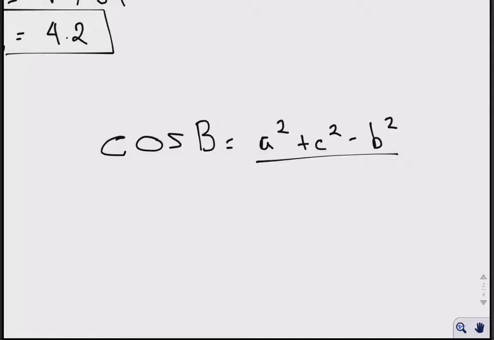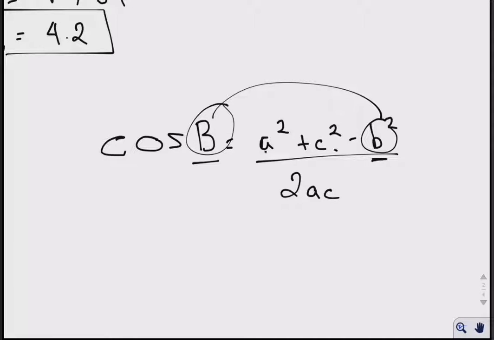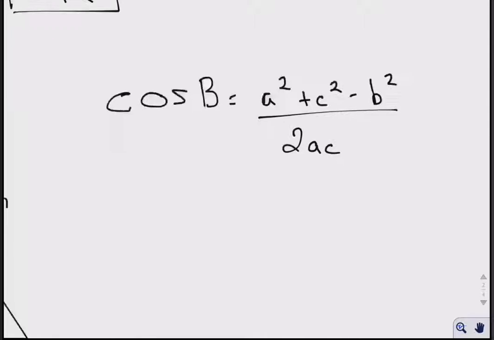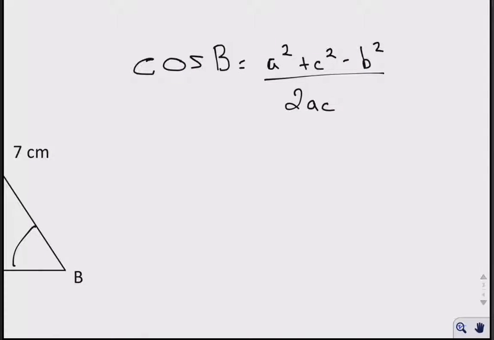You'll notice a pattern that this side always matches up with the angle here. So if I were to have, for example, A as the angle, I'd have A at the end and B somewhere in the first two terms. So just keep that in mind when you're using the cosine law to solve for any angle. There's a pattern to the way it's written.